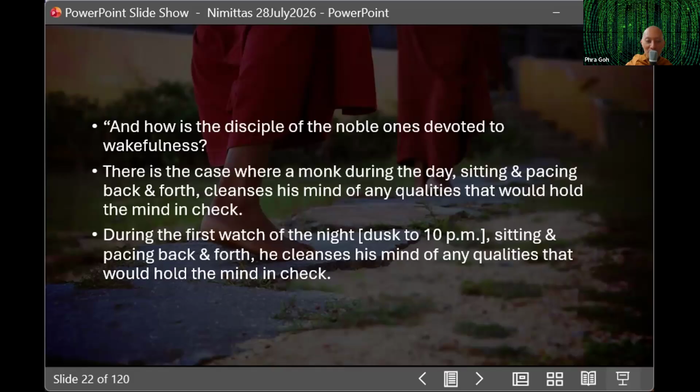Sitting and pacing back and forth, they meditate throughout the whole night. He cleanses his mind of any qualities that would hold the mind in check. Basically you need effort, or we need formal practice. You need to dedicate some time for formal practice to cultivate this restraint regarding the senses.